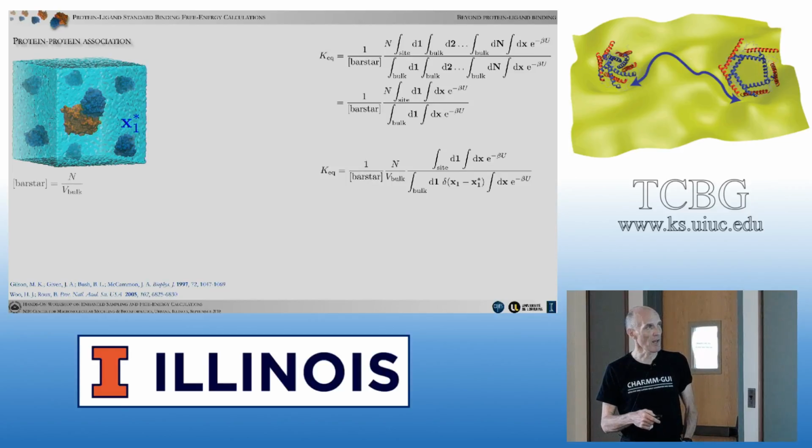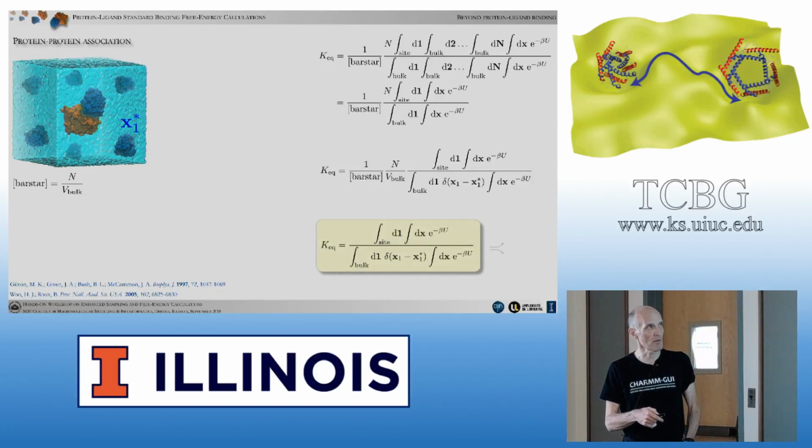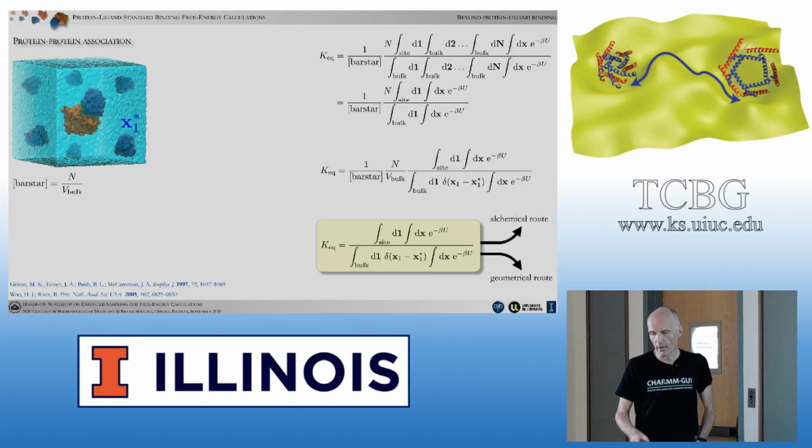So we have the same equilibrium constants, except that in this case, instead of having a ligand, we have bar star. It's a protein, but we say that it's bar star.